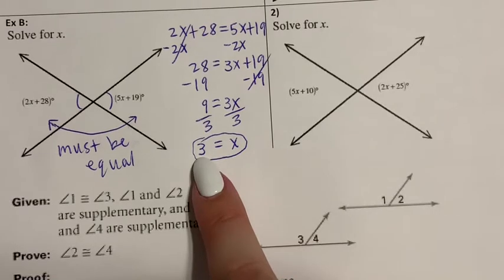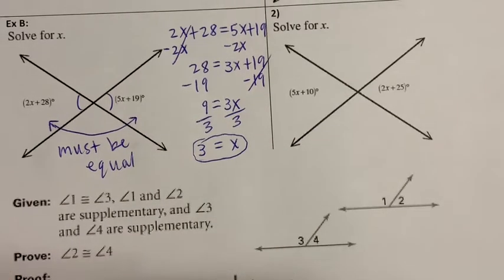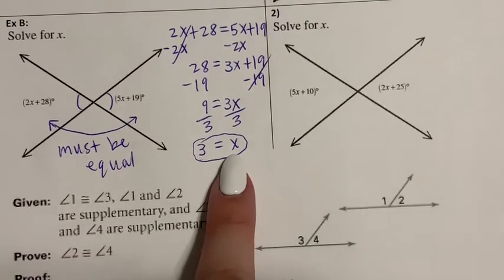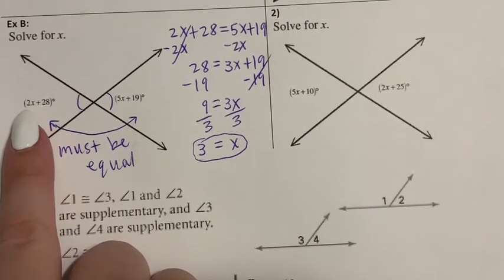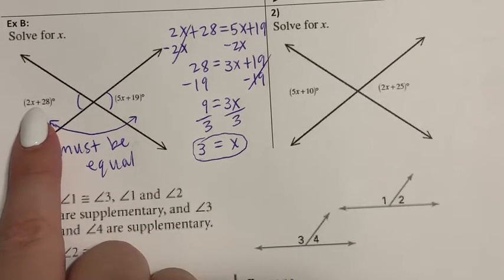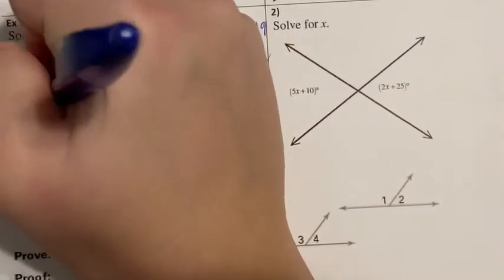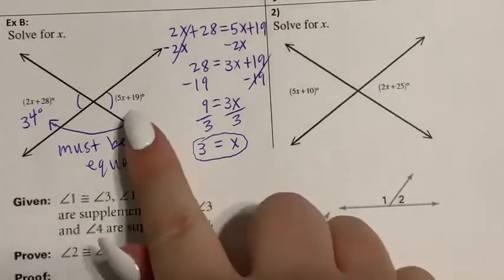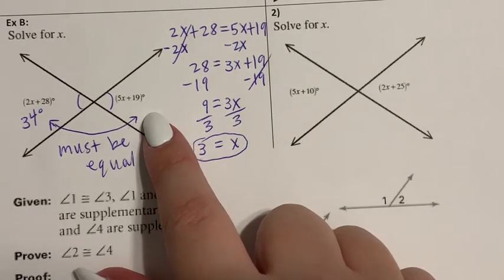We can definitely check this by plugging in x equals 3 into both of our expressions, and we better get the same thing. So plug x equals 3 into this expression, and you're doing 2 times 3 is 6. 6 plus 28, I get 34 degrees. Let's test the opposite vertical angle, and this one also has to be 34 degrees.